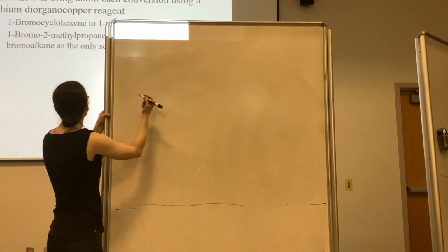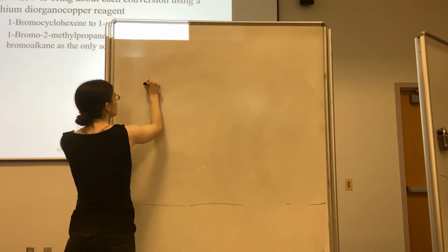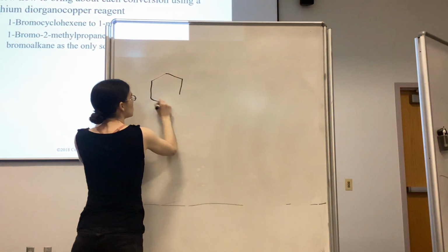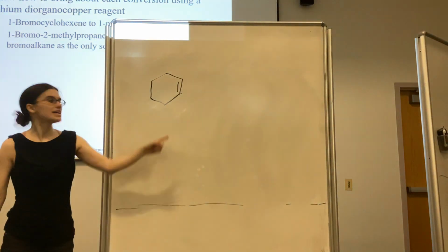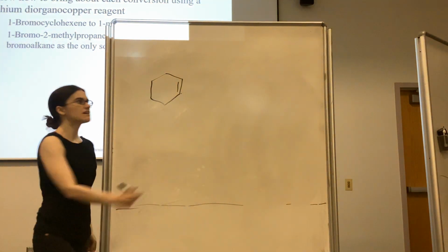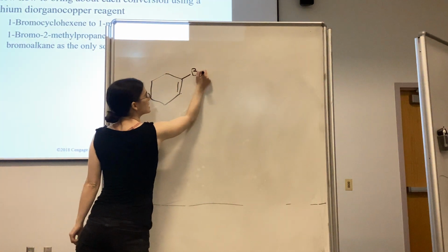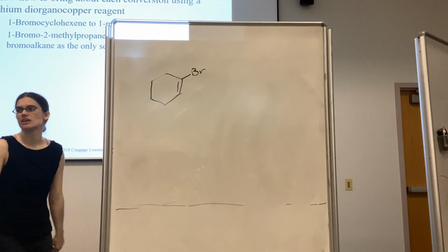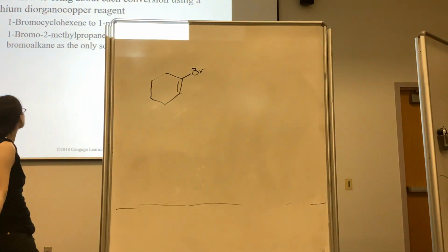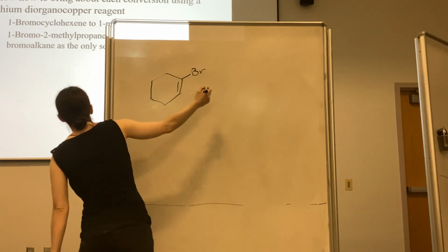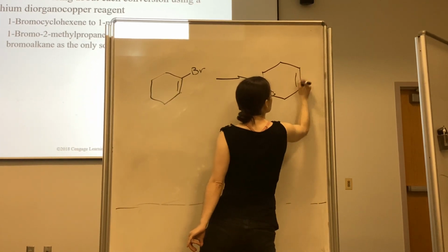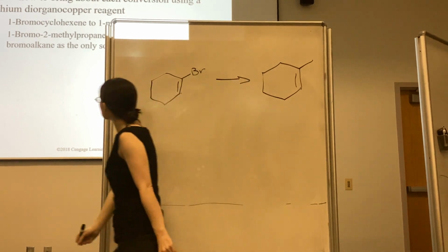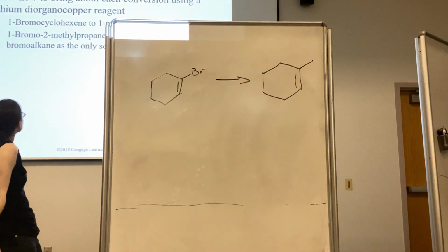So 1-bromocyclohexene. Cyclohexene looks like that, right? One has to be one of these guys, and it really doesn't matter whichever one we put the bromine on, that becomes one, right? We're going to turn this into 1-methylcyclohexene.